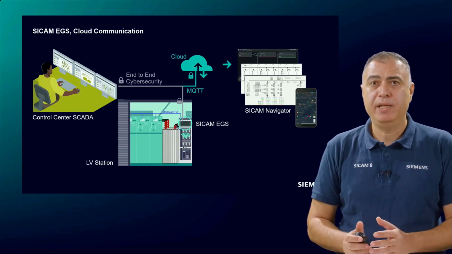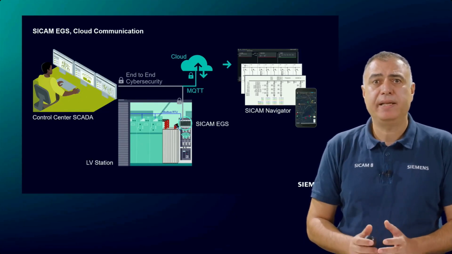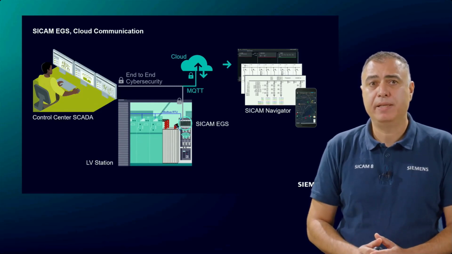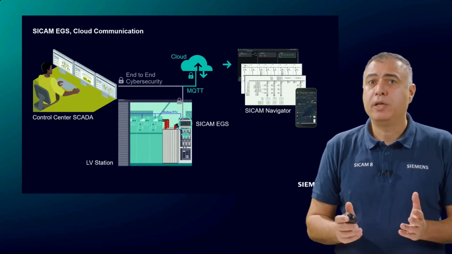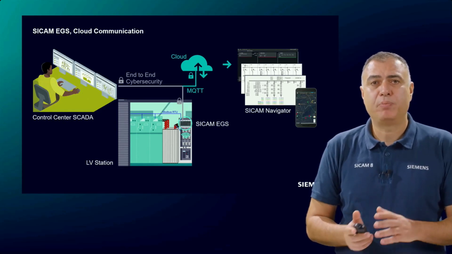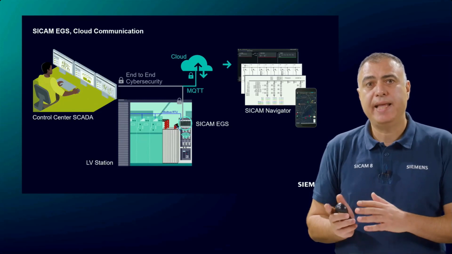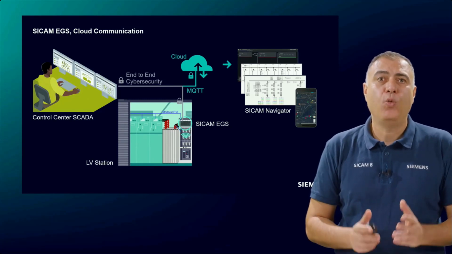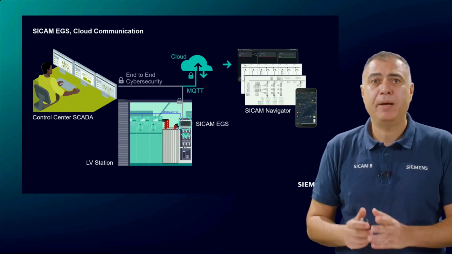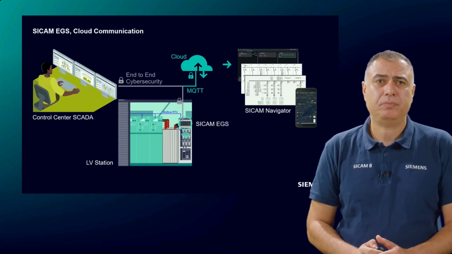Depending on the need of the project, selected data or all data of SICAM EGS can be transmitted. According to the needs of your project, you can select between spontaneous or cyclic data transmission. When using cyclic transmission, the required cycle time can be configured.